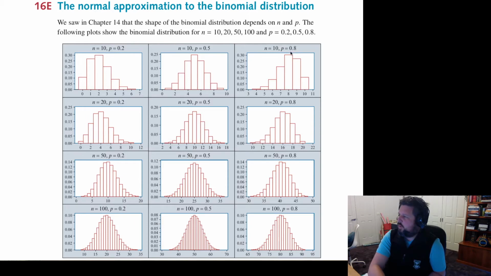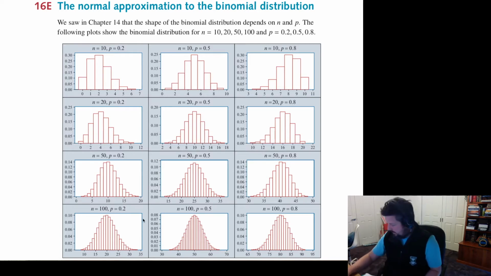Likewise here, p is close to 1, and it's skewed. Now, as you start getting a greater value of n, the data becomes less skewed and becomes very much like an approximation of the normal distribution.